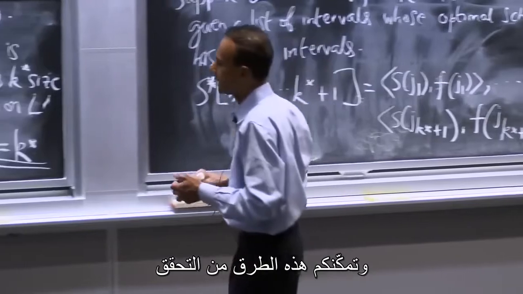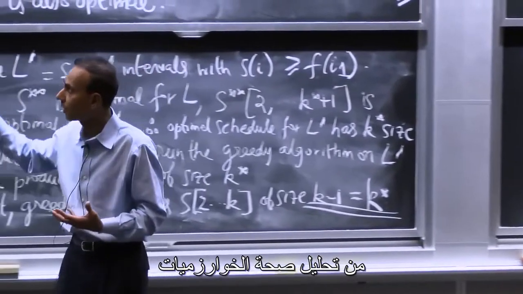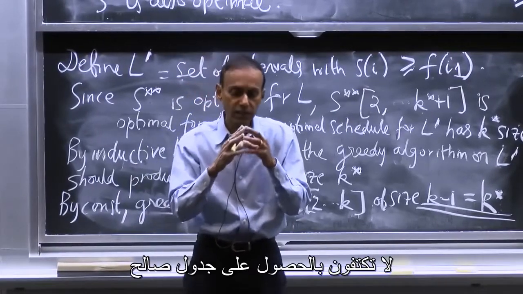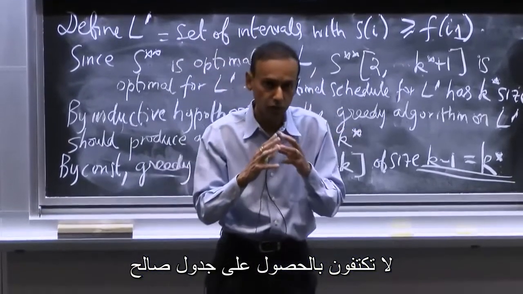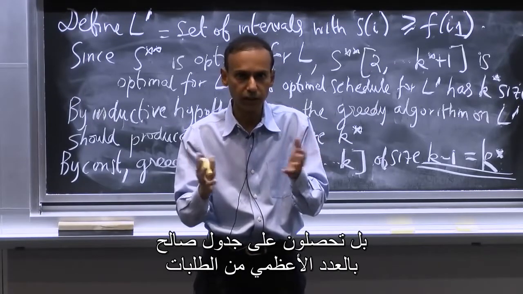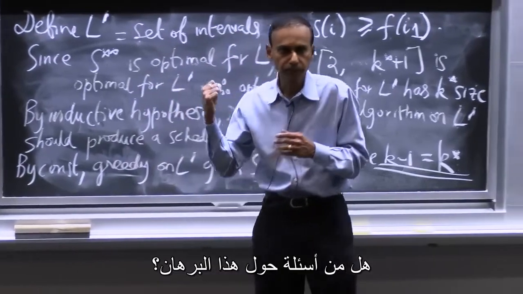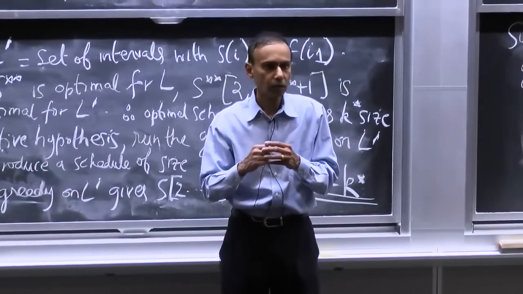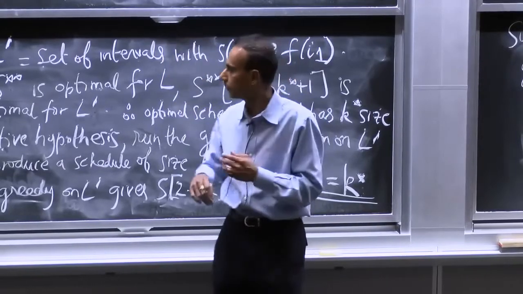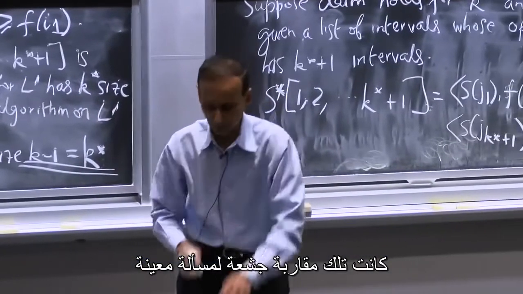And these are the kinds of things that get you to the point where you've analyzed the correctness of algorithms, not just the fact that you're getting a valid schedule, but you're getting a valid maximum schedule in terms of the maximum number of requests. Okay? Any questions about this? Do people buy the proof? Yep. Good. So that was greedy for a particular problem.